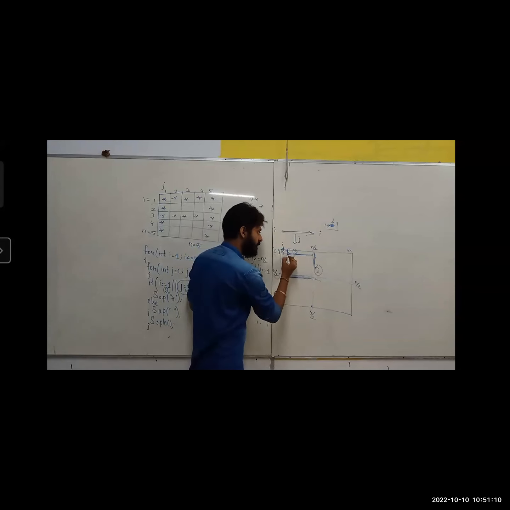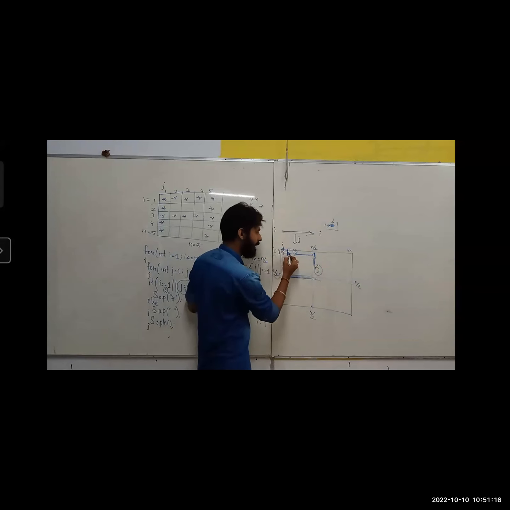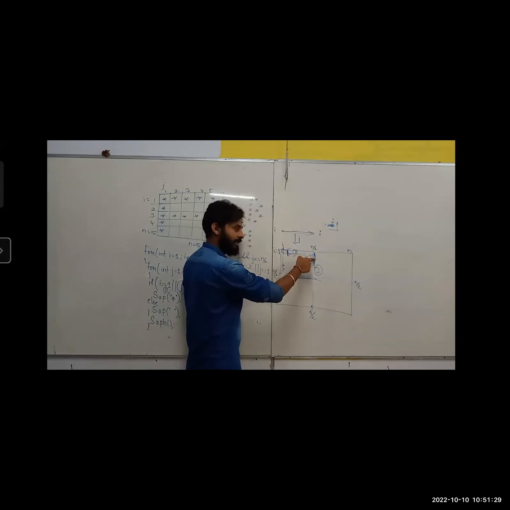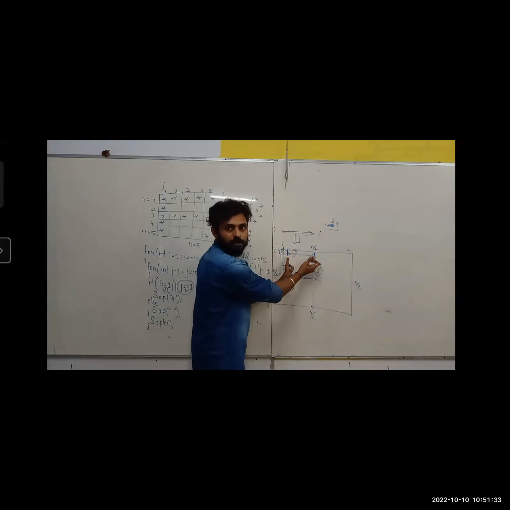This is for limiting, limiting means condition. I should be equal to 1, but J should be greater than or equal to 2 and less than or equal to n by 2. In between this only I should print the stars.